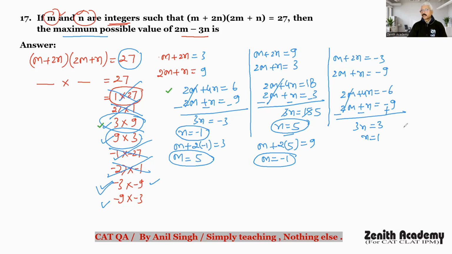Then m plus 2 into 1 is equal to minus 3. So m is minus 3 minus 2.